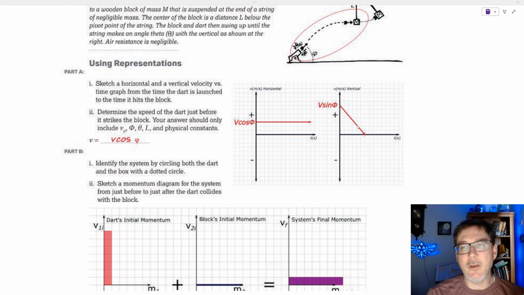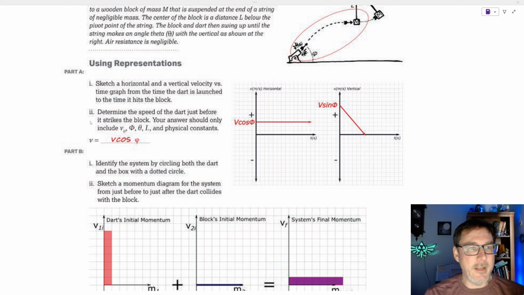So it's going to go down, down, down until it gets to the top of the path, and then at that point the velocity would be 0. And if it didn't hit the block, then the velocity would continue going in the opposite direction, going downward and increasing in speed. But because it hit the block, it basically stopped.